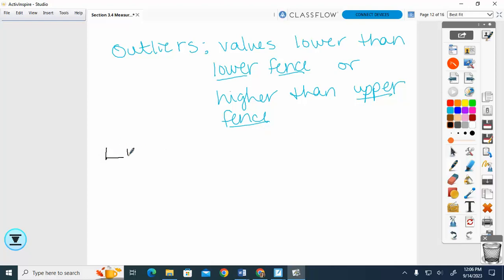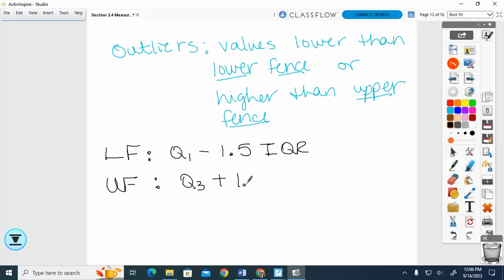So lower fence, it's quartile 1 minus 1.5 times the interquartile range. Upper fence is quartile 3 plus 1.5 times the interquartile range.